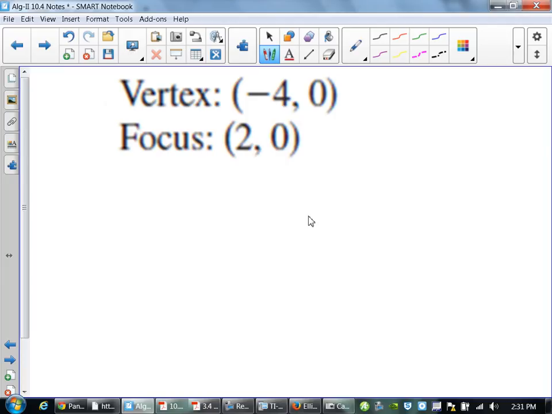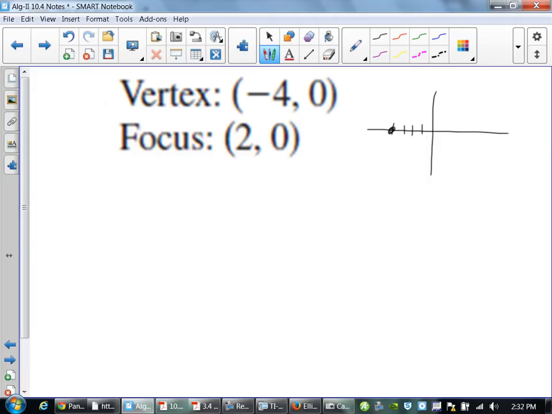Knowing what we know about A, B, and C, and knowing where the vertex and focus are, we should be able to tell right off the bat what direction this is going. Careful. If I know the vertex is at -4, 0, it's horizontal.